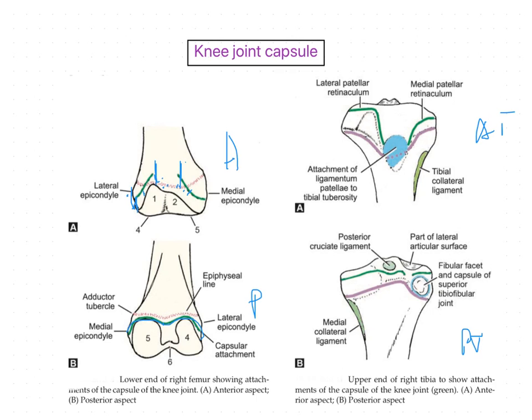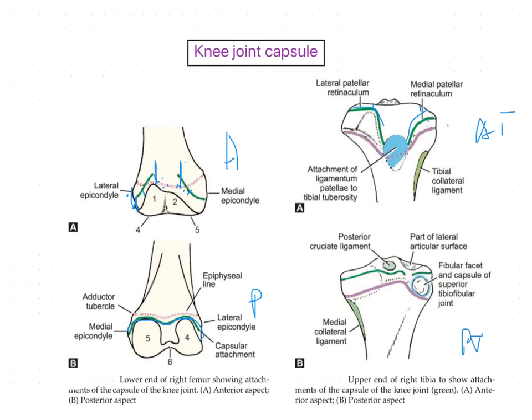It is attached about half to 1 centimeter beyond the articular margins. The attachments also have 3 special features. Anteriorly, it descends along the margins of the condyles to the tibial tuberosity.